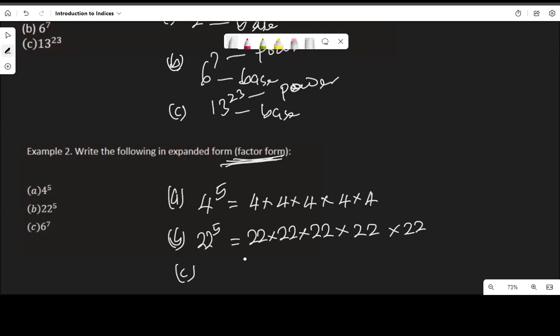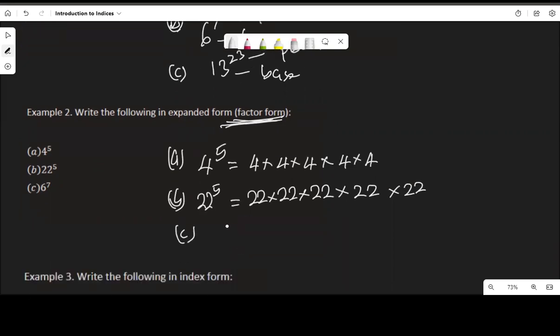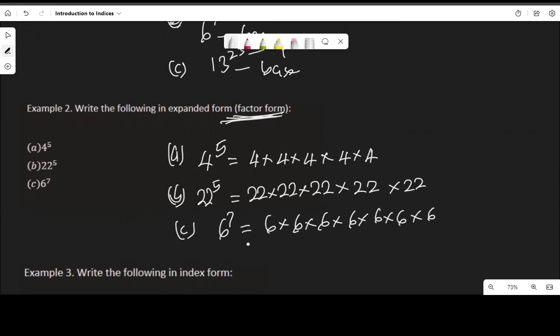And then the last one there, you have 6 to the power of 7. That will be 6 times 6 times 6 times 6 times 6 times 6 times 6 in 7 places. 1, 2, 3, 4, 5, 6, 7. This is the expanded form or factor form, and this is the index form.